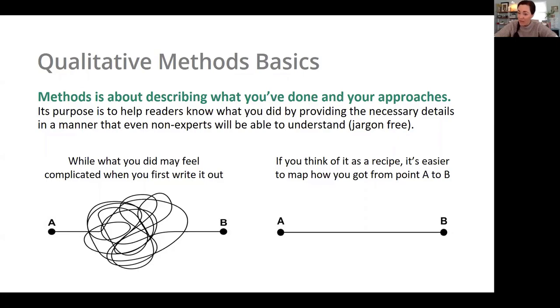And while you may feel like what you did is complicated, and when you start to scratch it out on paper for yourself, it looks a little bit like the diagram in the bottom left where we did all of these things and it's so very complicated. If you think of it more as a recipe, it's easier to map how you get from point A to point B. And ultimately, writing manuscripts is in and of itself a recipe. There are sections. There is clear guidance as to what goes in each of those sections. And so I'll start with the overview statement in the methods. Next slide.